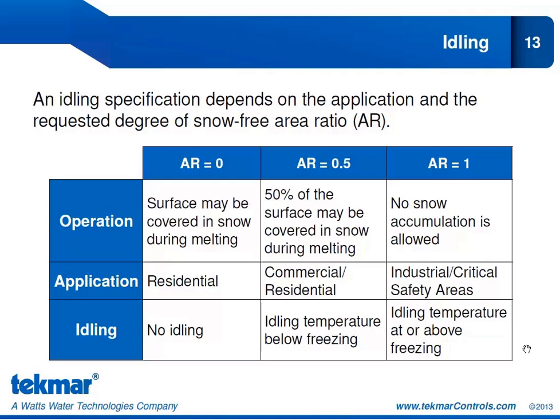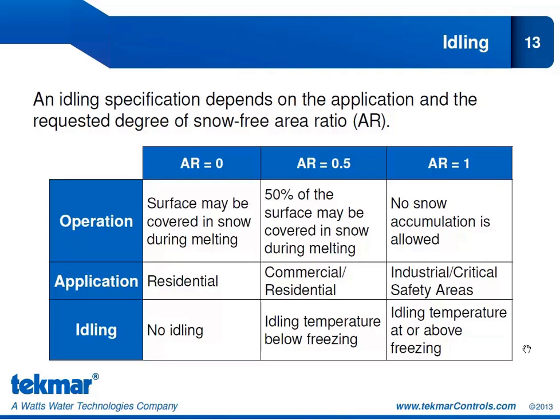Applications for this would be residential type applications, and in this case we are not doing any idling because idling is expensive. For residential applications, most people want to keep costs as low as possible and are not interested in idling the system to make sure there is zero snow accumulation. It is not a priority, it is not essential. So in this case, idling would be turned off.